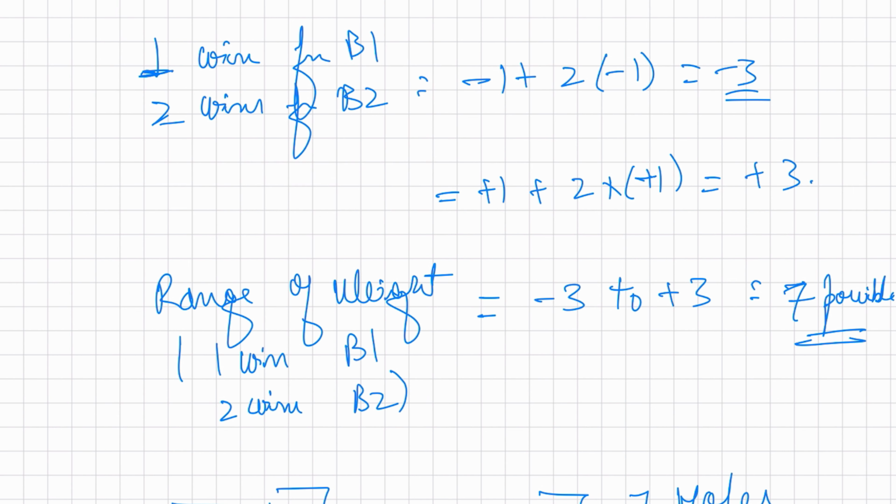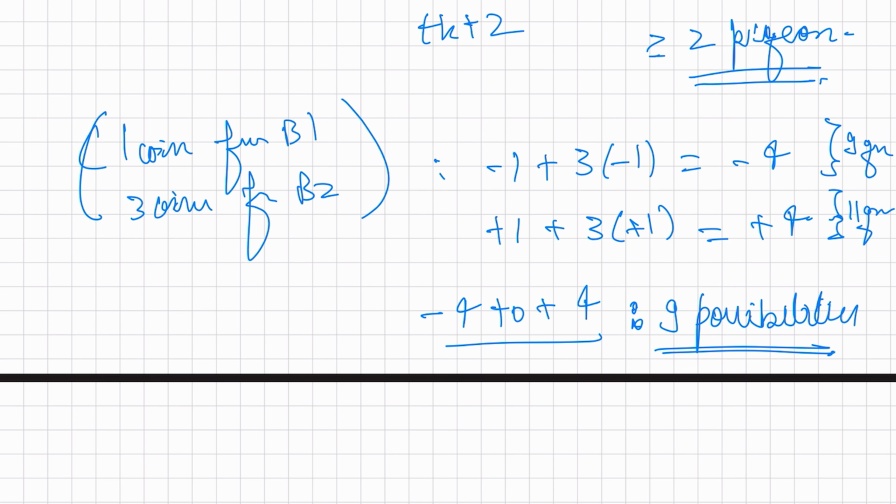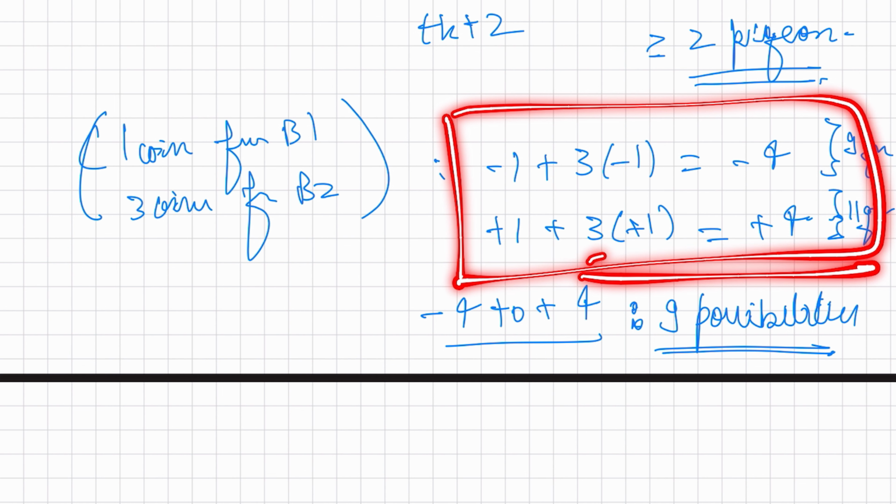And see what went wrong here. Why did we fail in this case? Because of the non-unique mapping. And then when we switched to this kind of setup of picking coins from bag 1 and bag 2, we did successfully have a unique mapping. Therefore, we were able to map all the possibilities to all the possible combinations using the range of weights which can be captured using this combination.